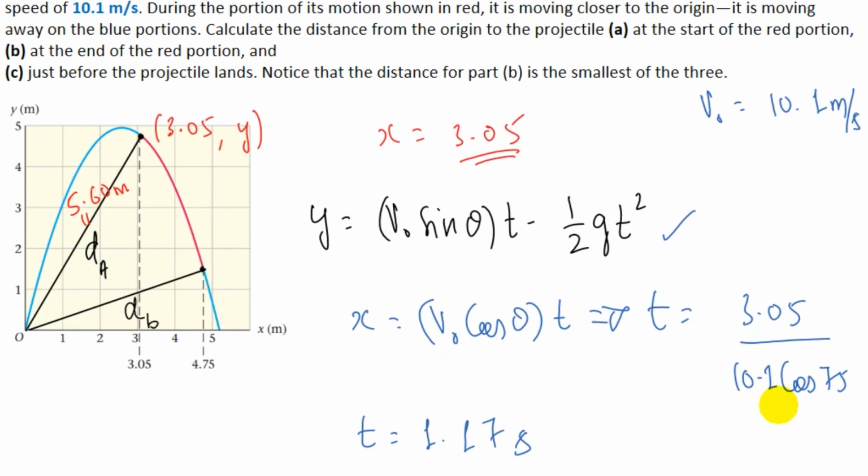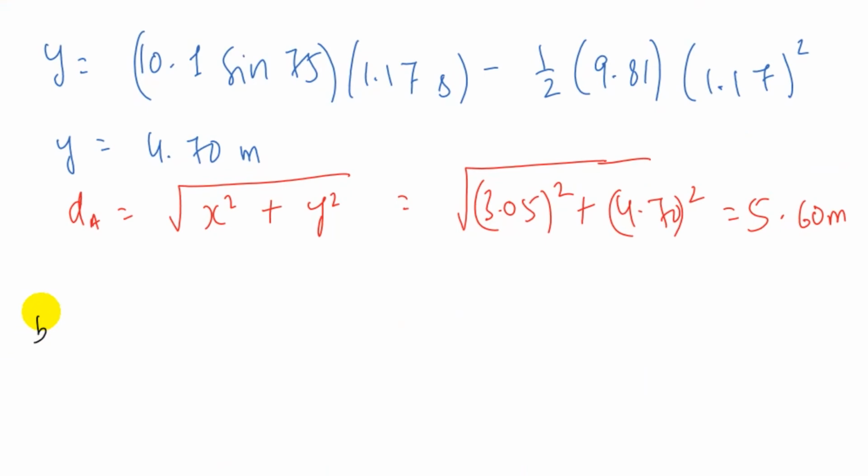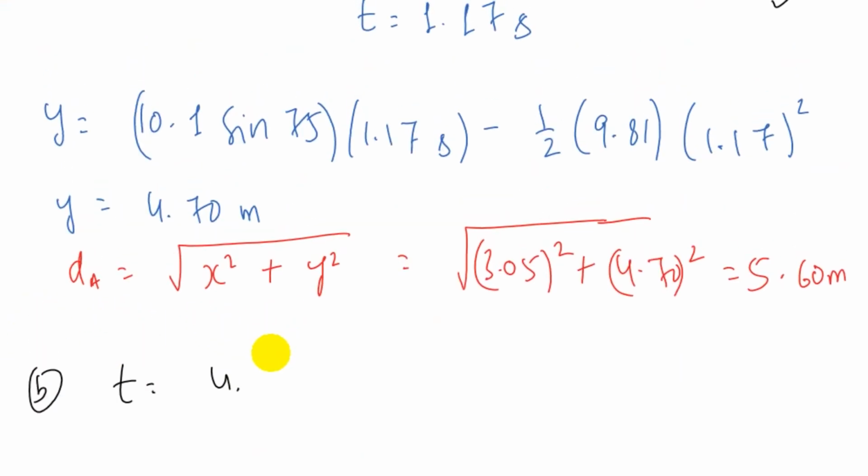For that you can use this equation. Just one change here, this 3.05 will become 4.75. So this is the B part. So t is 4.75 divided by 10.1 cosine 75 degrees, which equals 1.82 seconds.